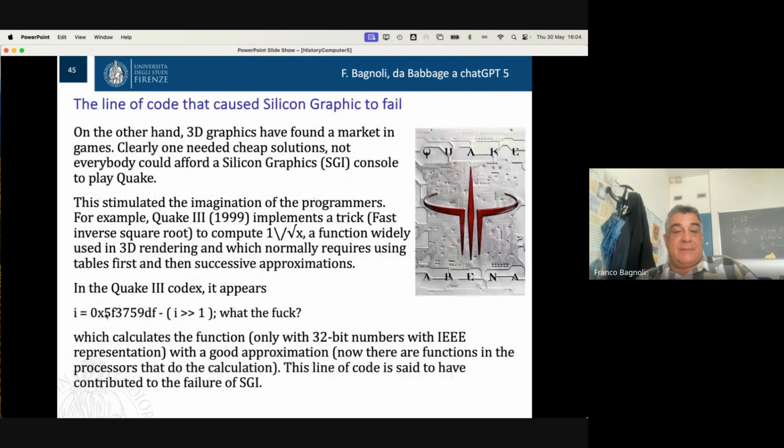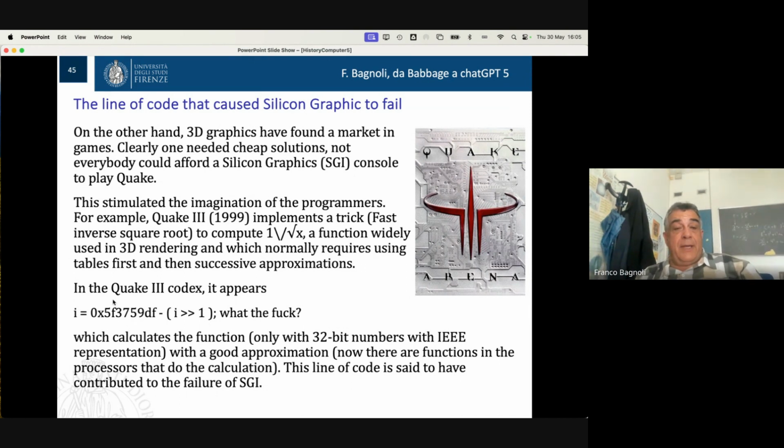On some sites you see that this is the line that ruined Silicon Graphics, essentially because Silicon Graphics was aiming at furnishing very realistic 3D scenes. For drawing a 3D scene, you need to compute many times the function 1 over square root of x, which has to be computed using a table and a series of approximations.